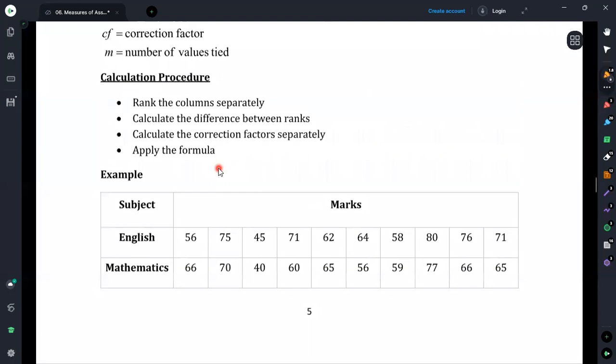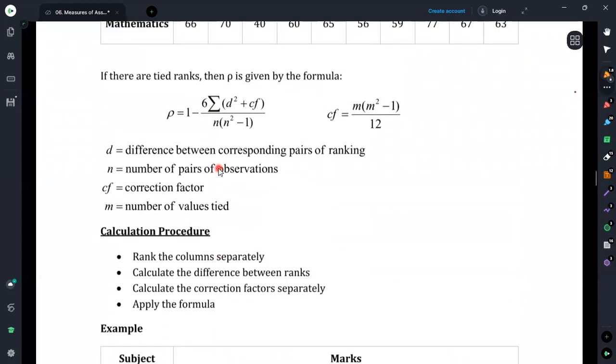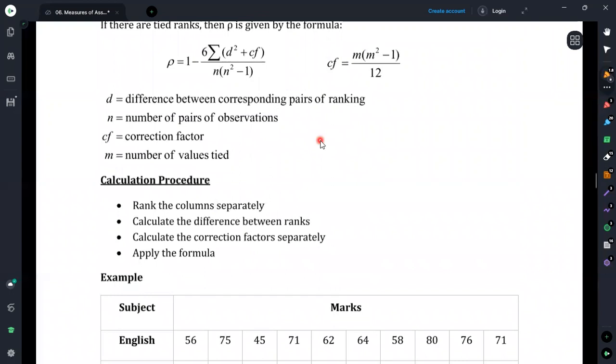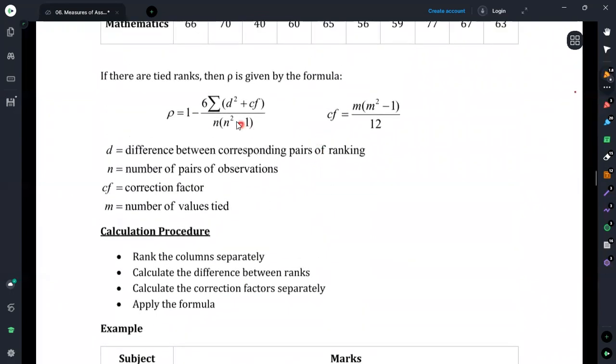If there are tied rankings, then the formula for calculating Spearman's rank correlation is rho equals, with a slight change here, 1 minus 6 times the summation of d squared plus CF, where CF is the correction factor, divided by n times n squared minus 1.